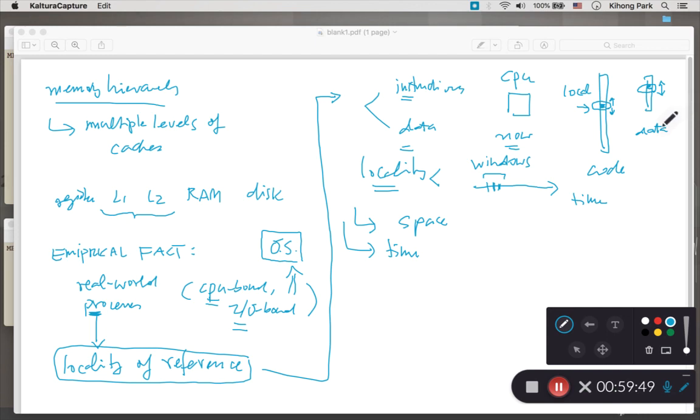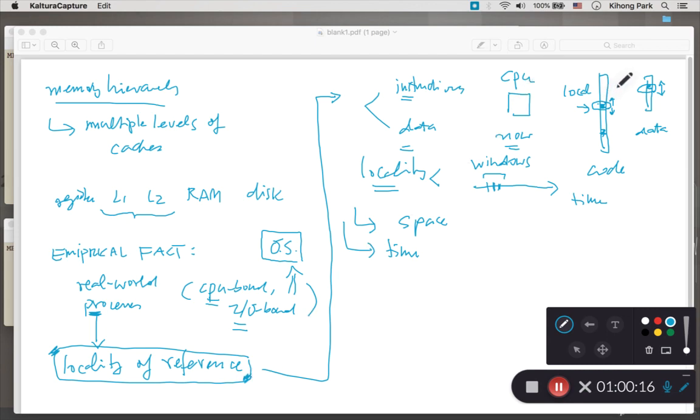And the same goes for data. So from a space viewpoint, that is, where in memory are they located, it's local. And from a time viewpoint, they tend to be local. They don't have to be local always in space. Maybe it goes here, it goes here, it goes back here. So these things can always be violated, but overall, generally they obey this locality of reference.